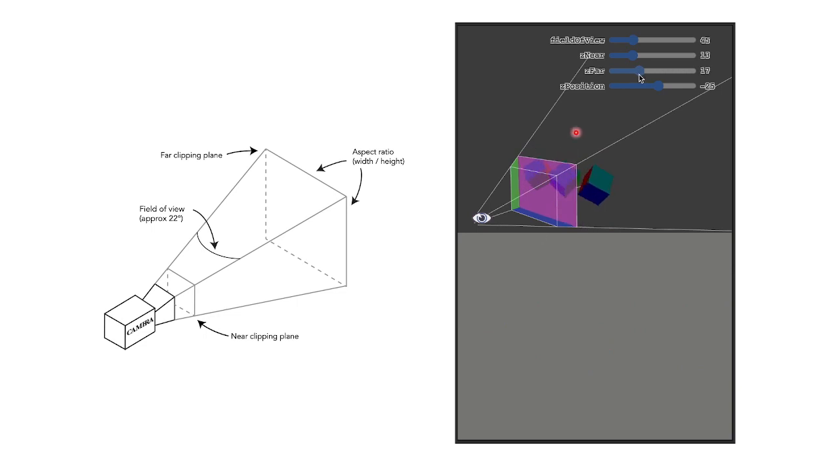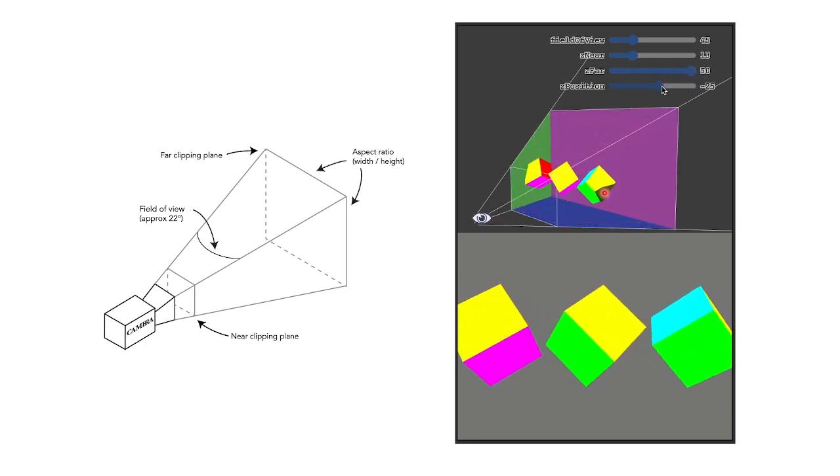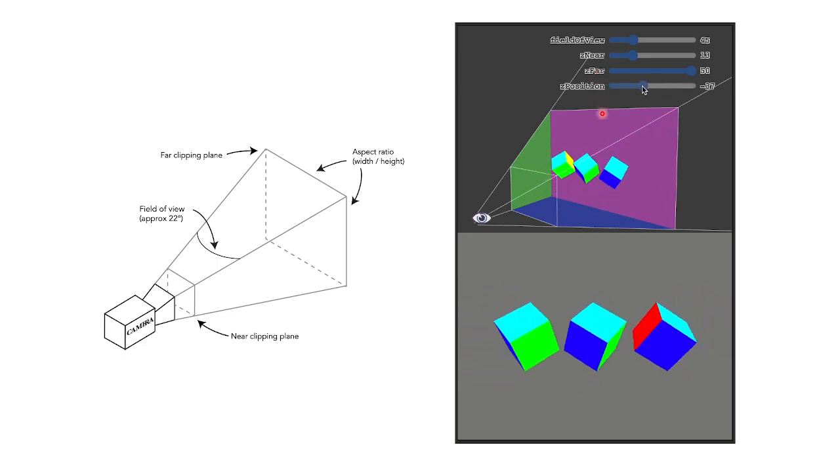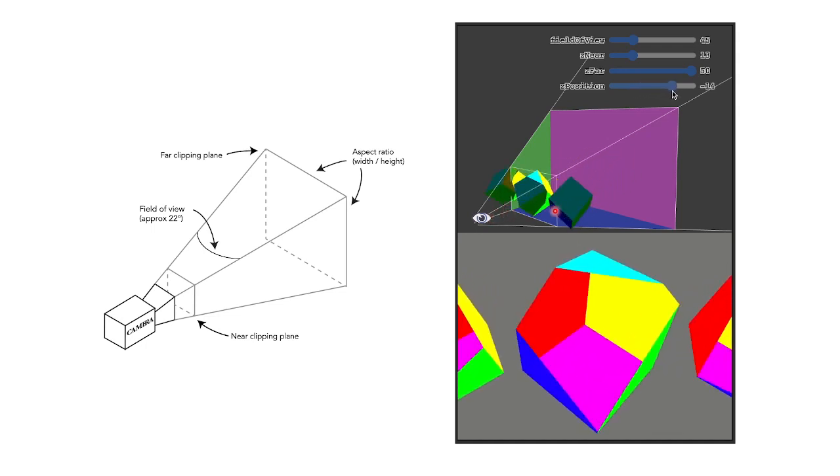However, when we enlarge the value of Z near, it will be out of the clip space, out of the frustum. So this is how we play with the camera projection.